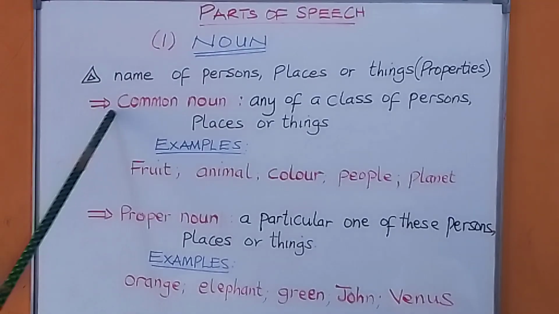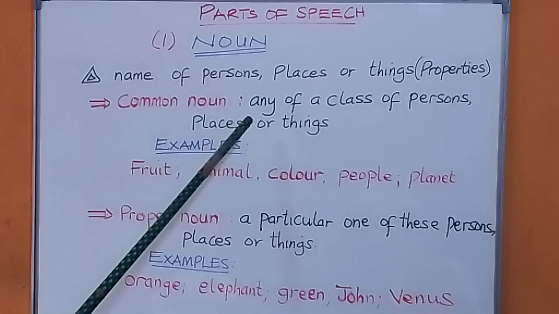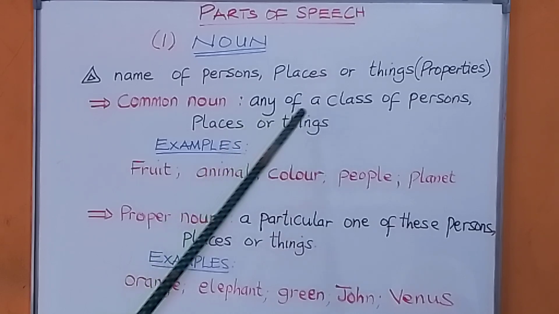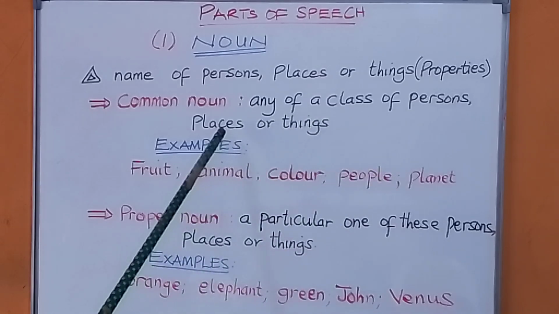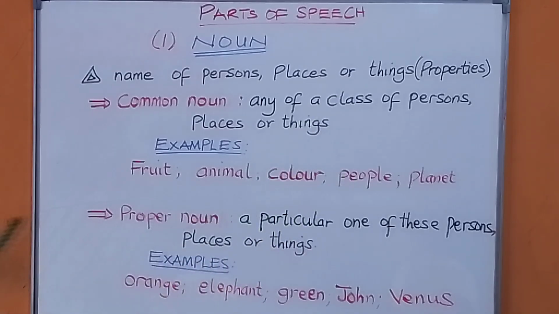So we have number 1, common noun. What are common nouns? A common noun is any of a class of persons or places or things. Like you say, group name, general name.